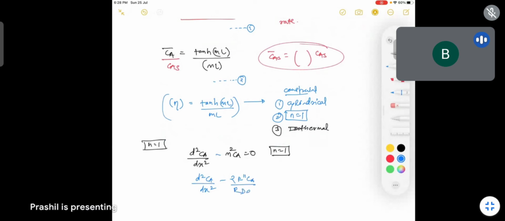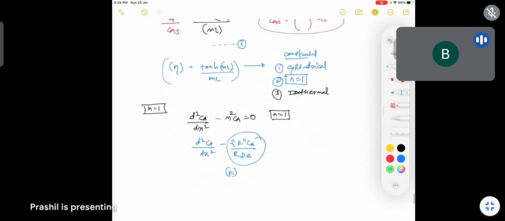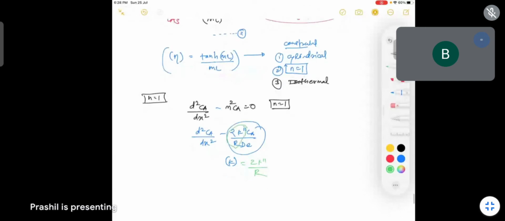Or you can write it in terms of K also. Instead of this you can have this also, that is your K is equal to 2k double dash divided by R. So you replace this and you will have this equation also, right? We derived this in the previous class.